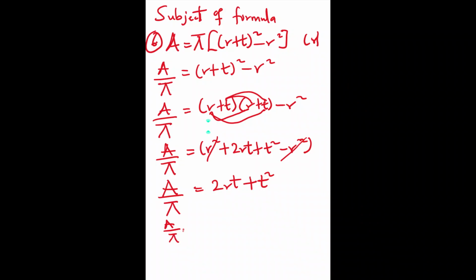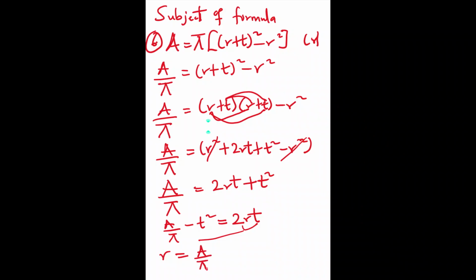So we can bring t squared to meet a over pi. So we have a over pi minus t squared equals 2rt. So that means we have r. We can now bring 2t below this one.